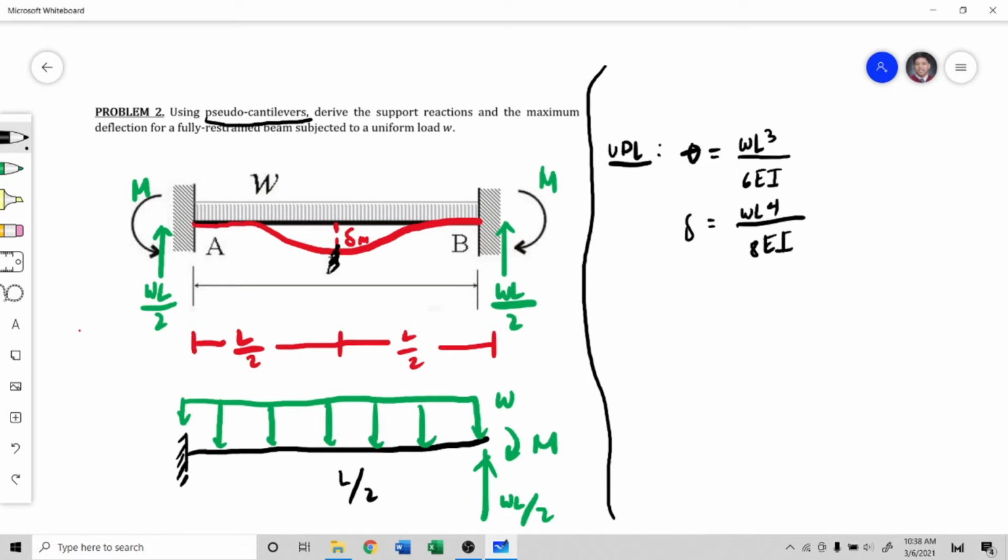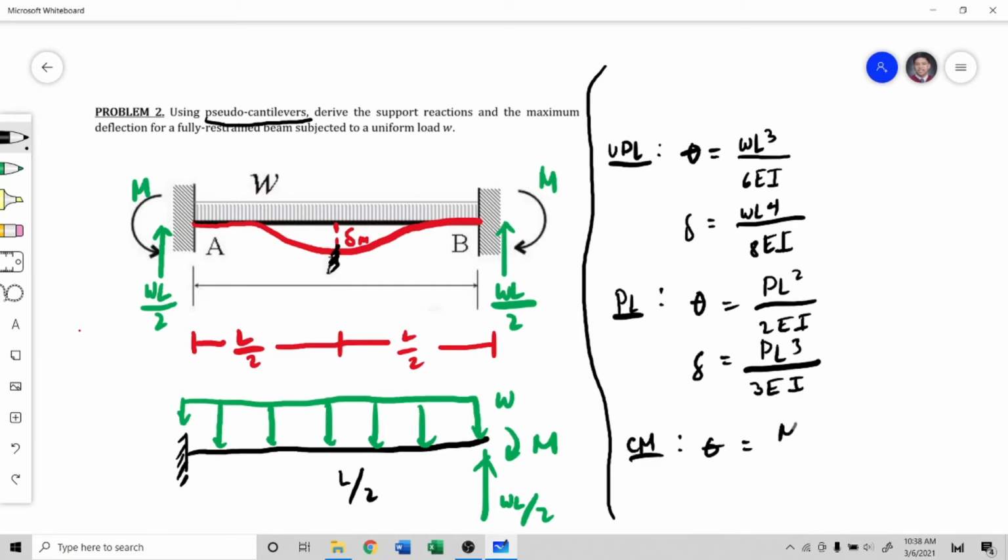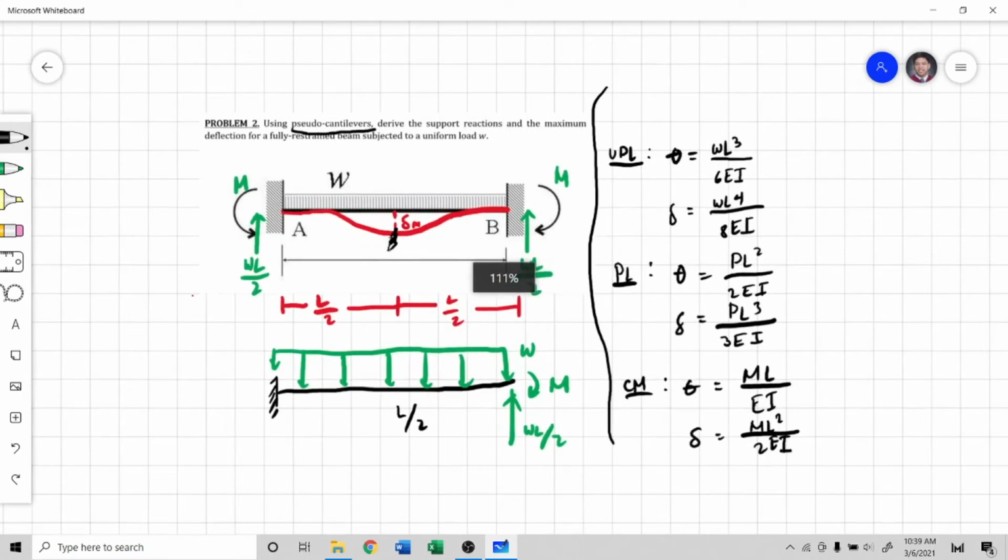Now for our point load, our theta is equal to PL squared over 2EI, and our delta is equal to PL cubed over 3EI. And finally, para sa ating moment, concentrated moment, our theta is just ML over EI, and our delta is just ML squared over 2EI. So ito yung ating formulas na gagamitin, no, for this type of problem.